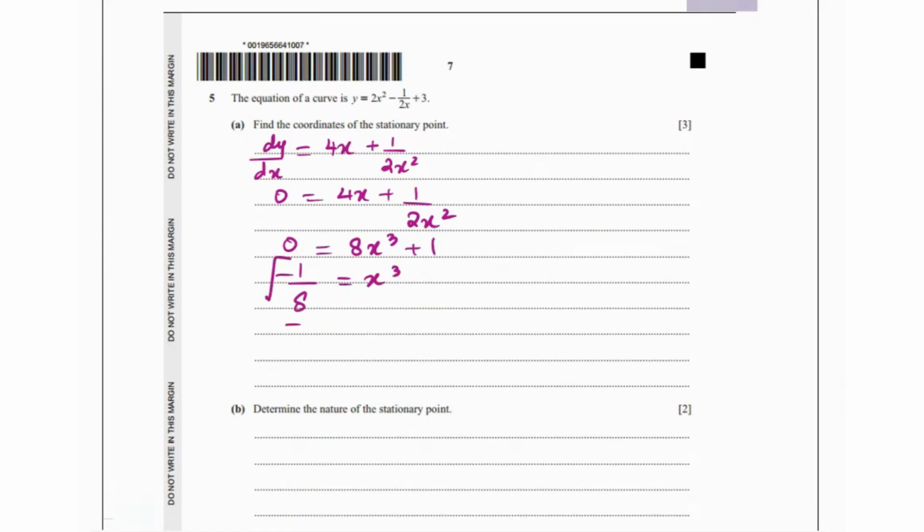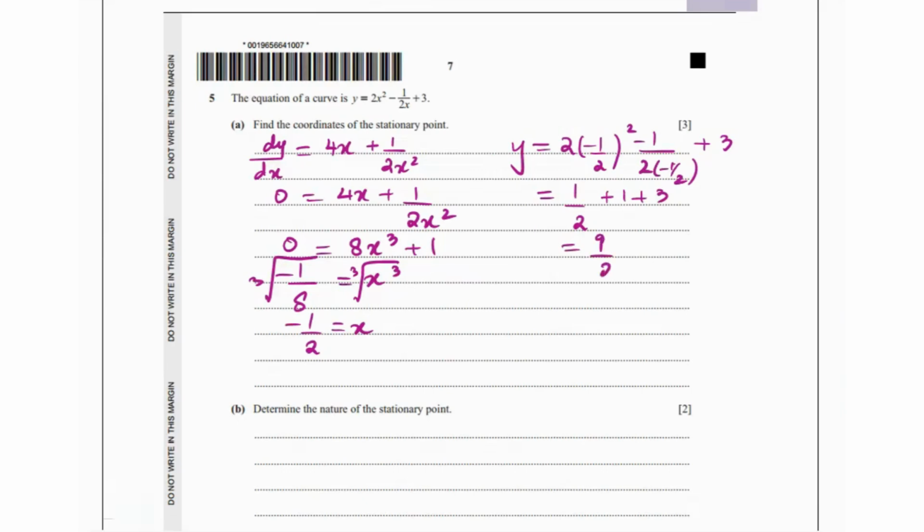That's going to be -1/2. That's x. So y is 2 times (-1/2) squared minus 1/(2 times -1/2) plus 3. 1/2 plus 1 plus 3. 9/2. So the point is (-1/2, 9/2). That is your answer.